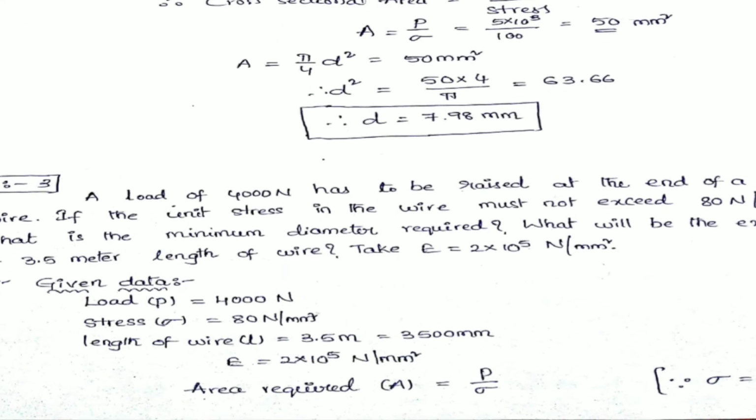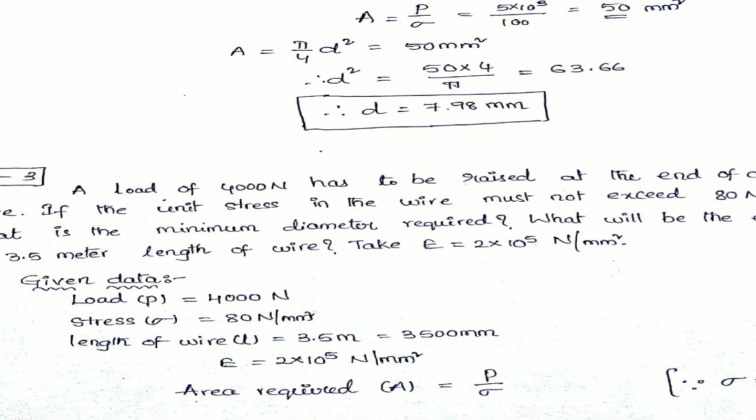Here load P is given, that is equal to 4000 newtons. Stress sigma is 80 Newton per mm square. Length of wire L is 3.5 meters, converted into mm, 3500 mm. Young's modulus E is 2 into 10 to the power of 5 Newton per mm square.